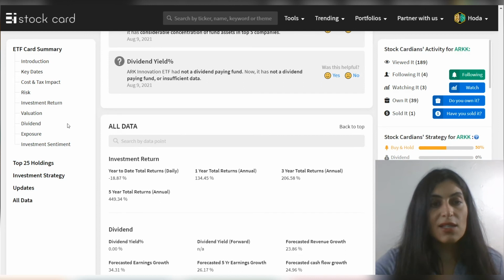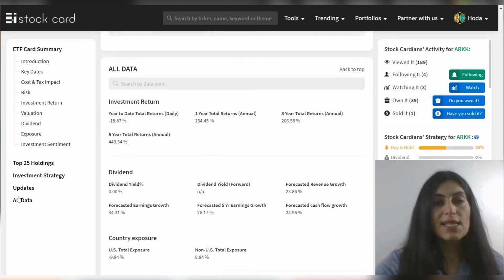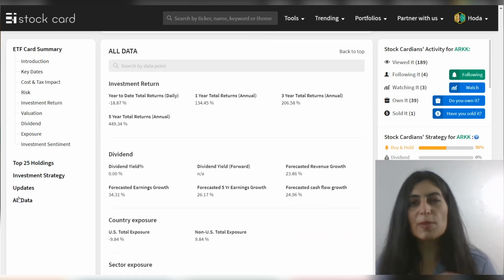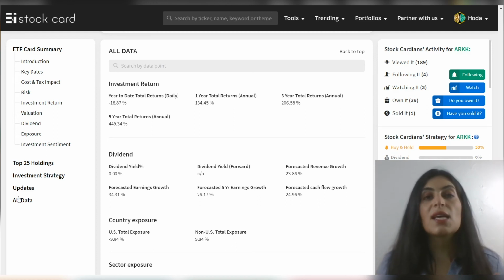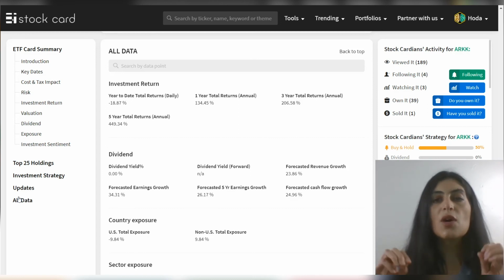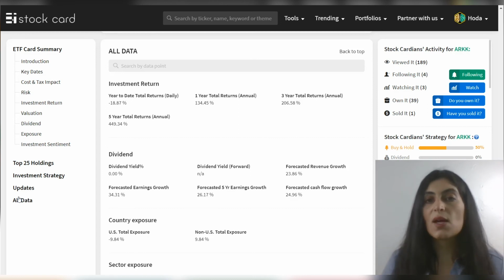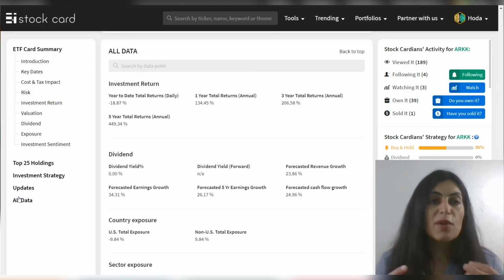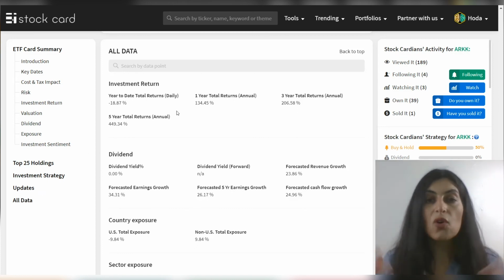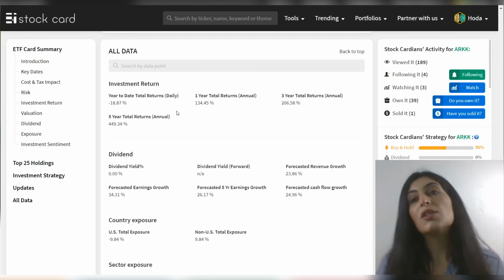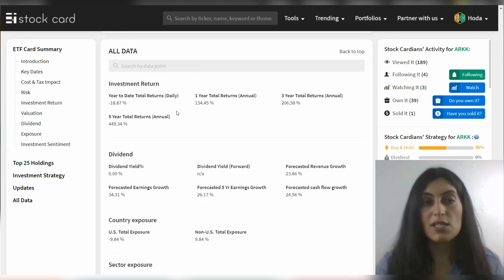And the last thing I want to tell you, which I'm super excited about, is the all data section. So many of you, especially more advanced stock guardians, have been asking us, give me the raw data. I like stock cards, I like everything, but sometimes I just want to know one specific piece of information. That's why we added the all data section. Right at the bottom when you scroll down, or if you use the left-hand navigation to click on all data, you can get all the raw information that we pull to populate an ETF card.